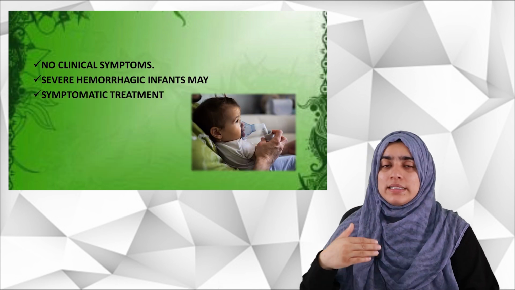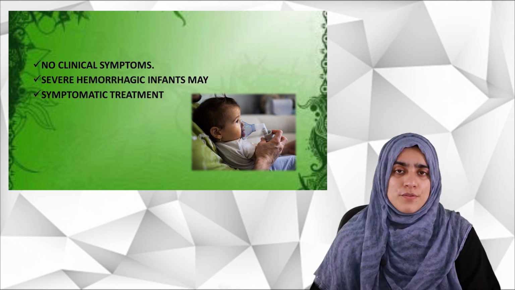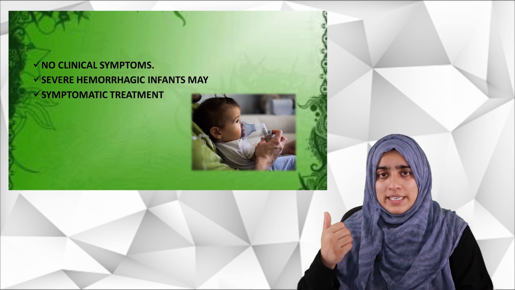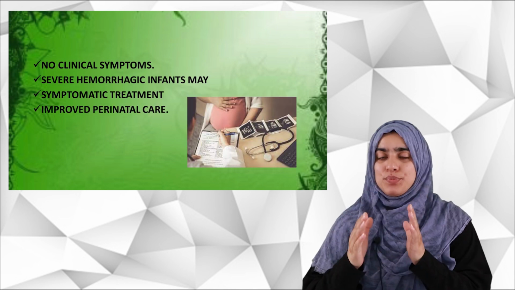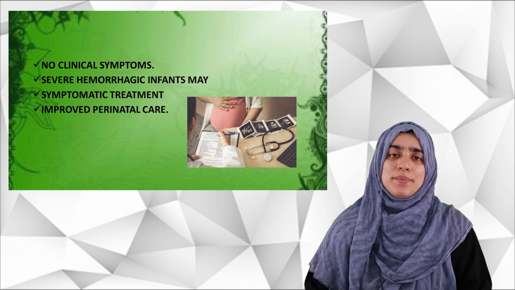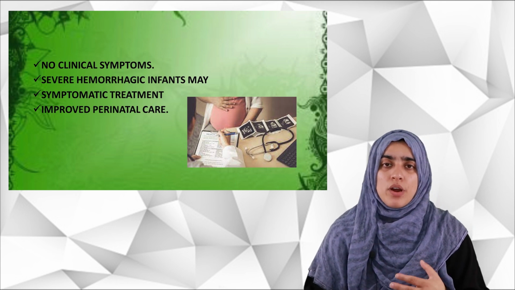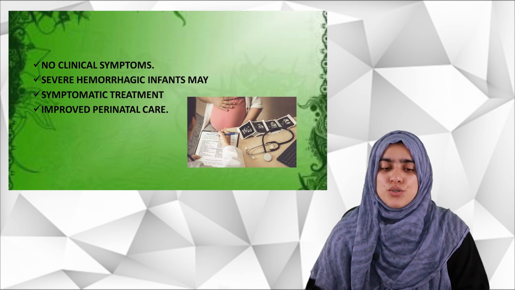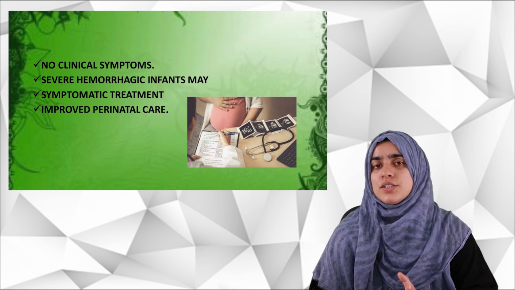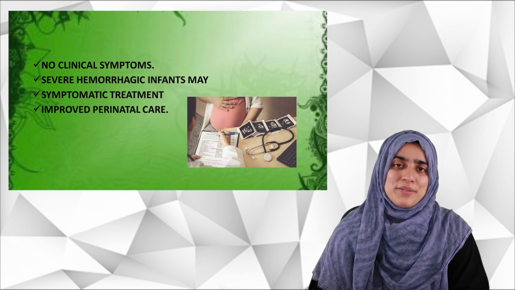As soon as these symptoms are identified, immediate treatment is to be started. Improved perinatal care is imperative to minimize traumatic birth, reduce brain injury, and decrease the chances of preterm delivery.